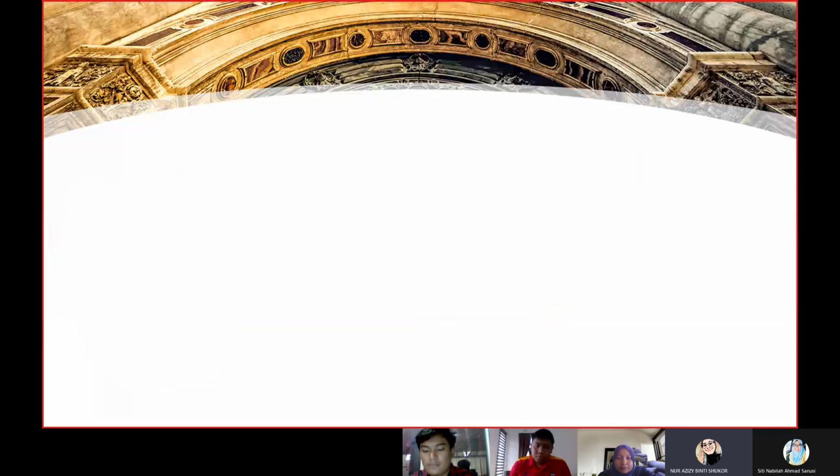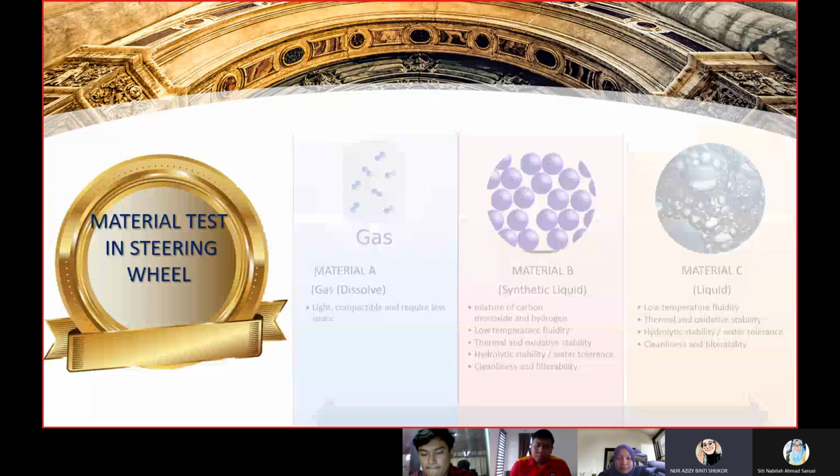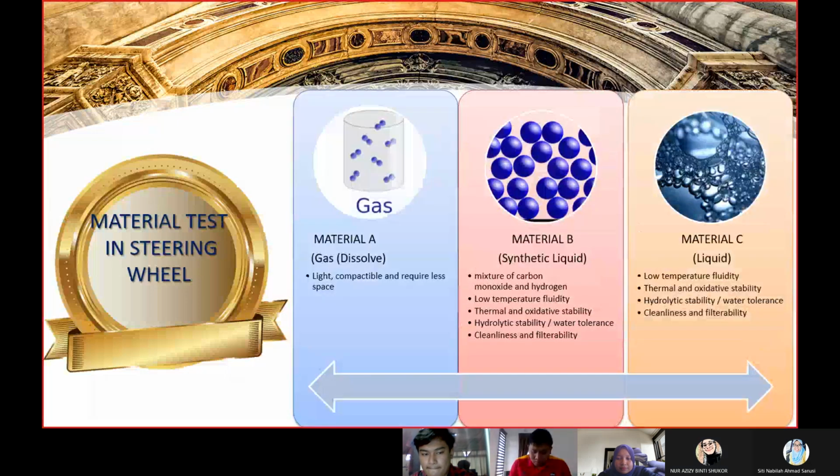All three have their own specialties and effectiveness. For better explanation, the first one is dissolved gas. It is light, compactable, and requires less space.